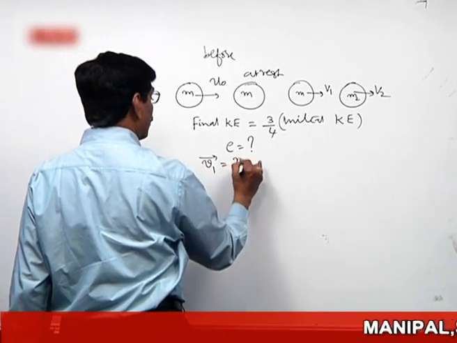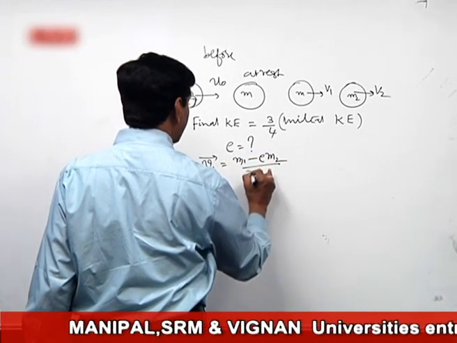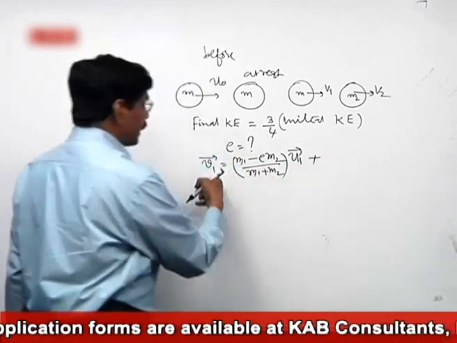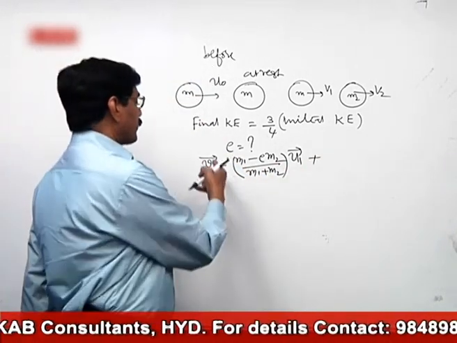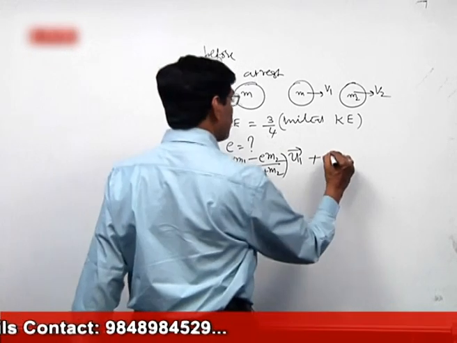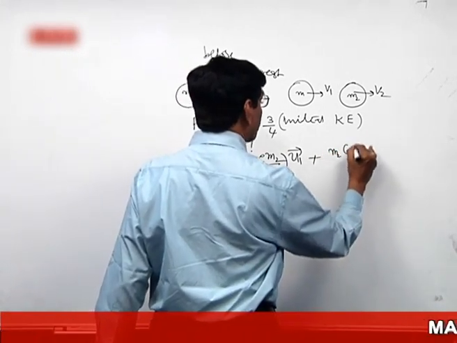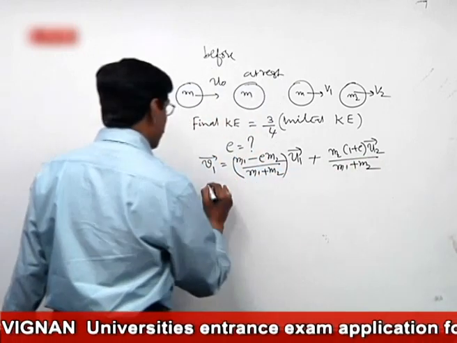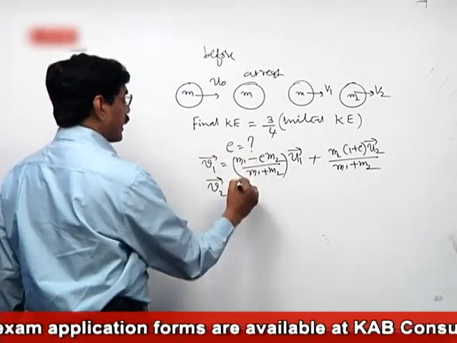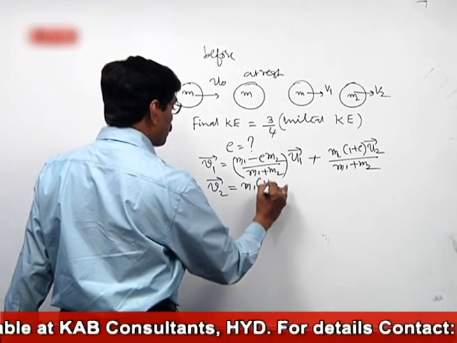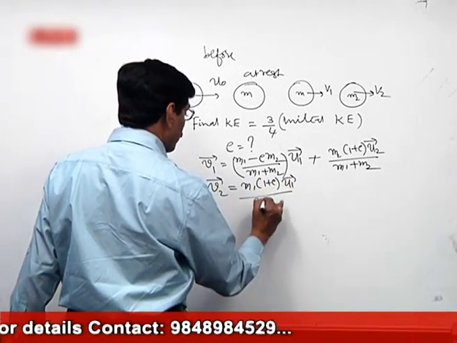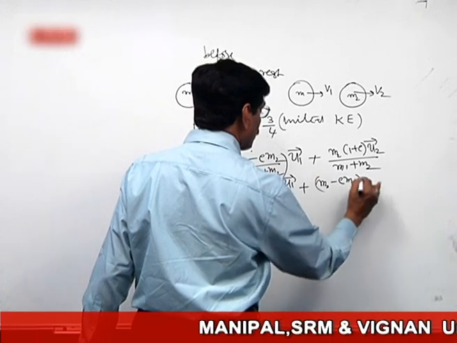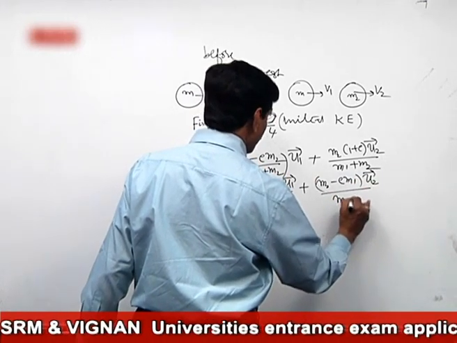Head-on inelastic collision, by solving the coefficient of restitution equation and momentum equation, we get v1 equal to (m1 minus e m2) by (m1 plus m2) into u1 plus m2 into (1 plus e) u2 divided by (m1 plus m2), and v2, the second body's velocity after collision, is m1 into (1 plus e) u1 divided by (m1 plus m2) plus (m2 minus e m1) into u2 divided by (m1 plus m2).